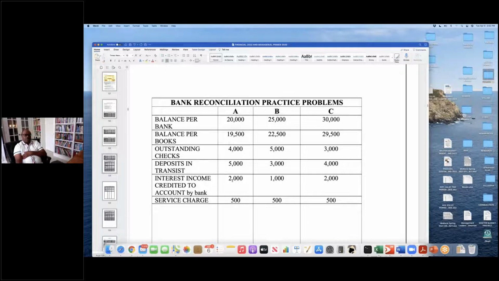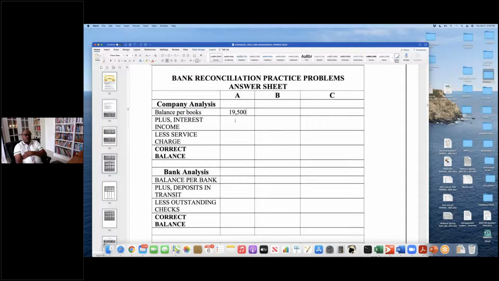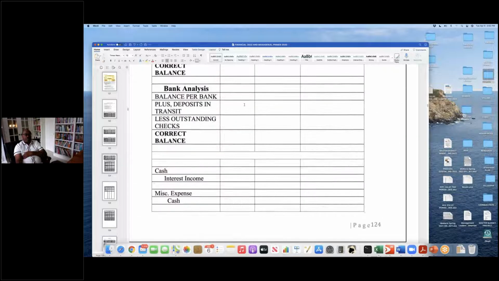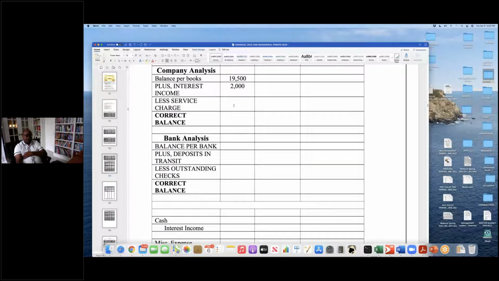It's 2,000. What was our service charge? 500. So what's our correct balance? 22,000. Yes.